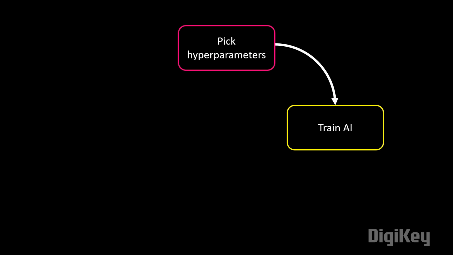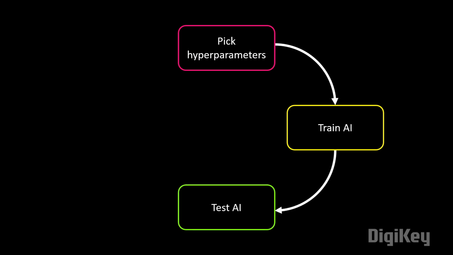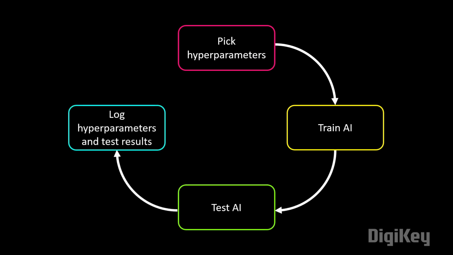Hyperparameter optimization often follows a pretty simple loop. First, we choose a set of hyperparameters for our model and training methods. We then train the model and then test it against some known test set. Finally, we log the chosen hyperparameters along with our test scores. We repeat this process over and over again until we find some hyperparameters that work for us.